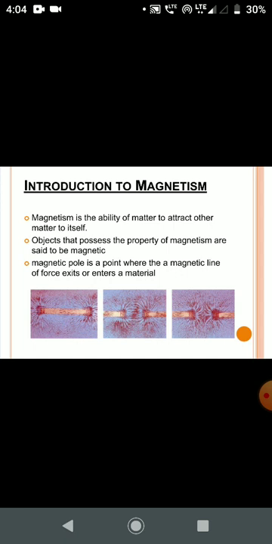If we talk about the basic consideration of a magnet, to understand this we can take the example we saw in our childhood, when we try to bring the same poles of magnets together, they repel.